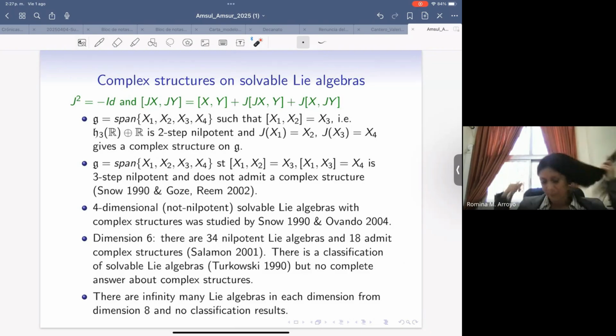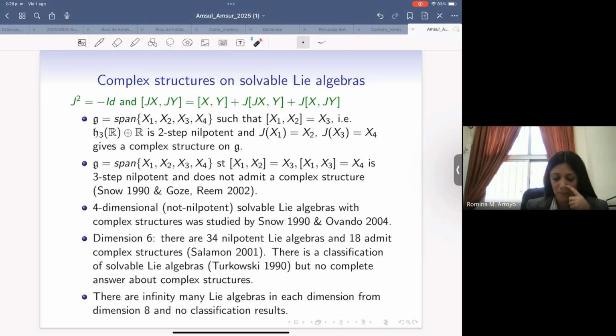From dimension 8, in any even dimension, there are infinitely many nilpotent Lie algebras. So there exist curves of solvable Lie algebras. In particular, it's also true for nilpotent Lie algebras.